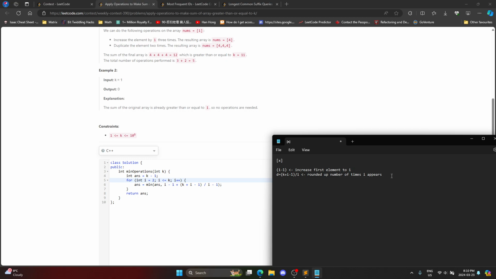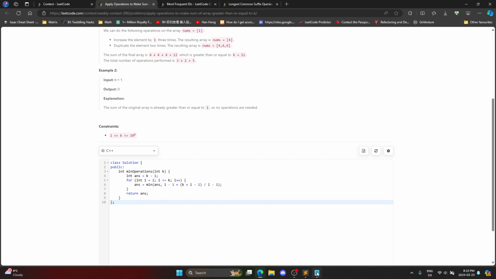D equals a value such that I times D is bigger than or equal to K. So we do round up division with this, and then minus 1 because we already have that many elements. So that's basically this math thing.